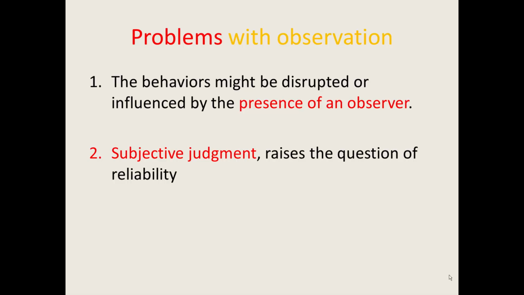We all have our own stereotypes, we all have our own bias, and we all have our own expectations from specific groups or ethnicities or gender. And we gotta know that a lot of time our judgment, even in direct observation, could be subjective.